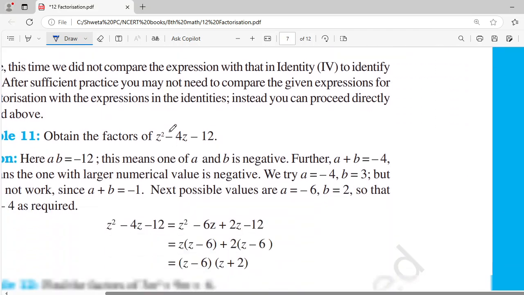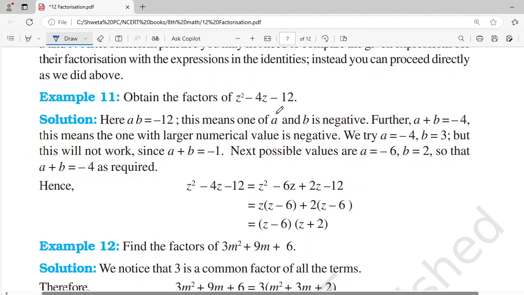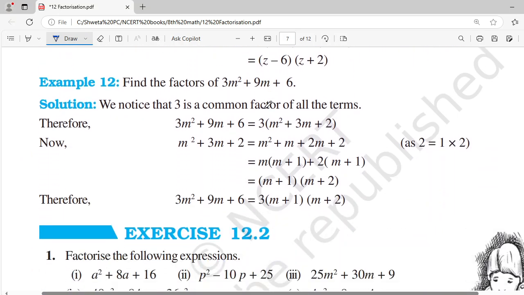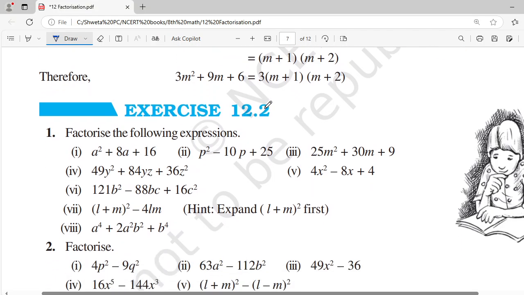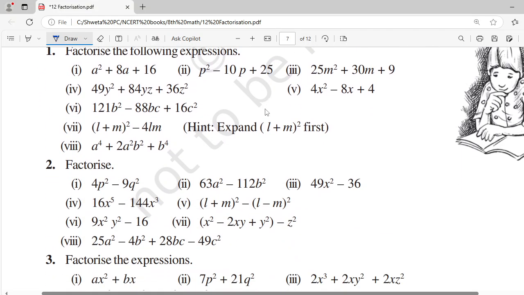Here in the exercise, these are the questions based on the first two identities, because this is square, this is square, square, square, square, square, square, square, square, square. So these questions are based on a plus b whole square and a minus b whole square.